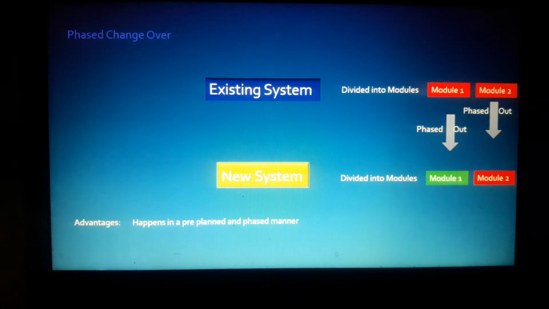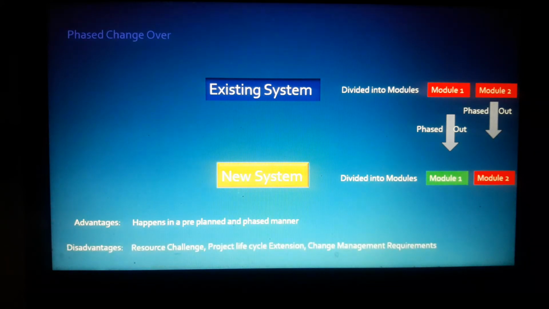There are some disadvantages over here. First one is resource allocation, that means resource challenges which will be faced in both the IT environment and the operation environment. In the IT environment, you need to find the environment with the hardware and databases.